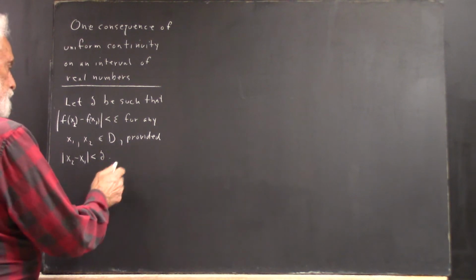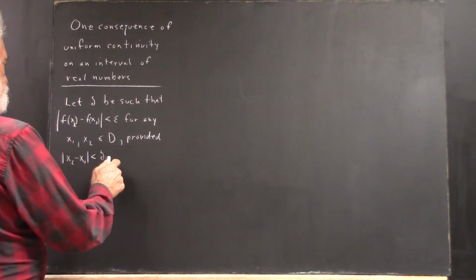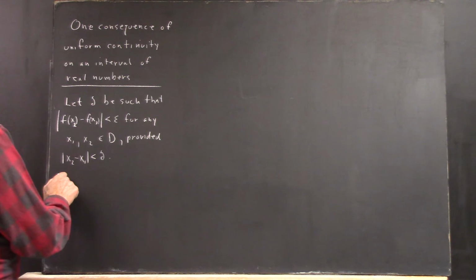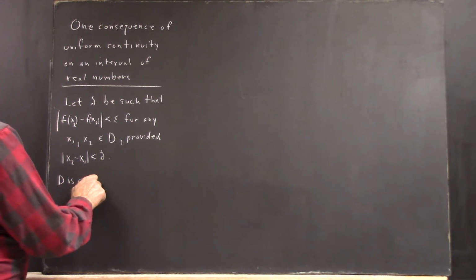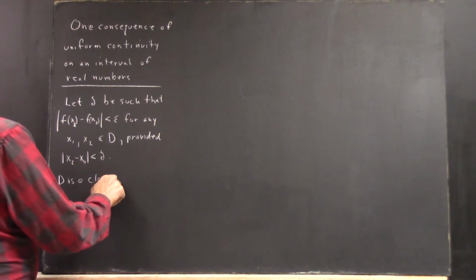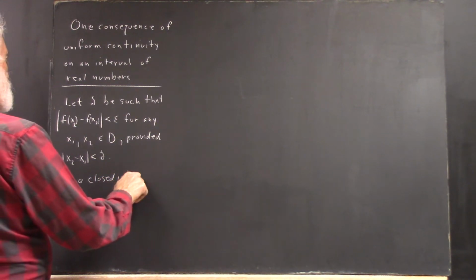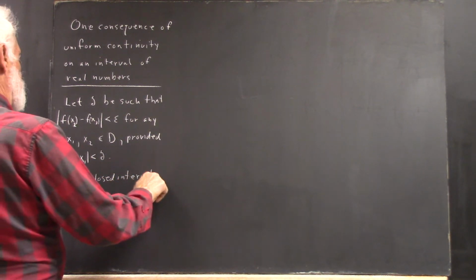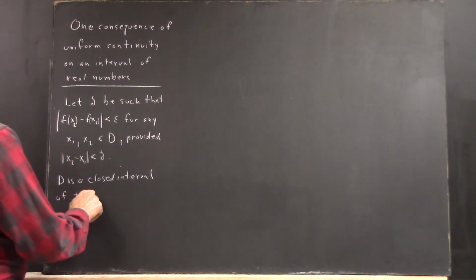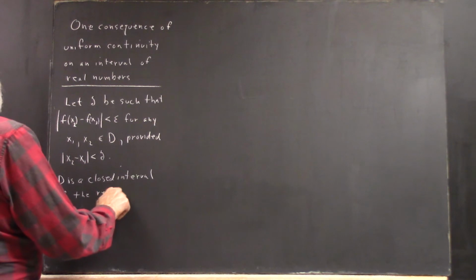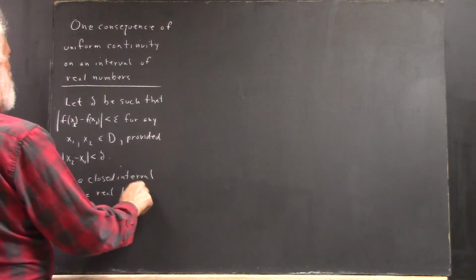Okay, implicitly, D is a closed interval of the real line.